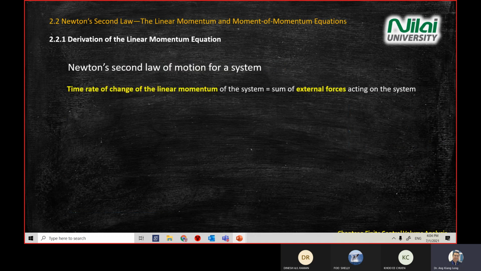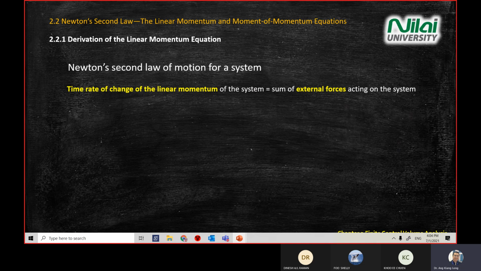Okay, we start with the second law of motion, and this one will be the questions similar to your tutorial chapter 2, question 17.